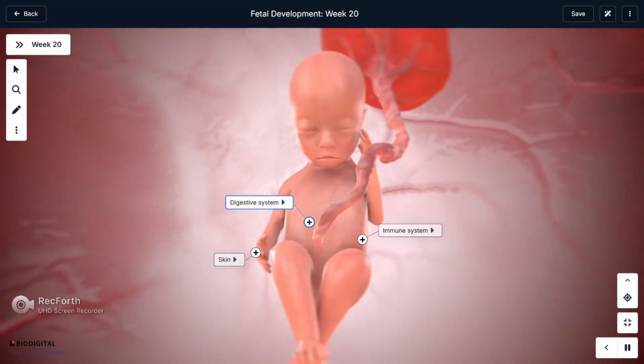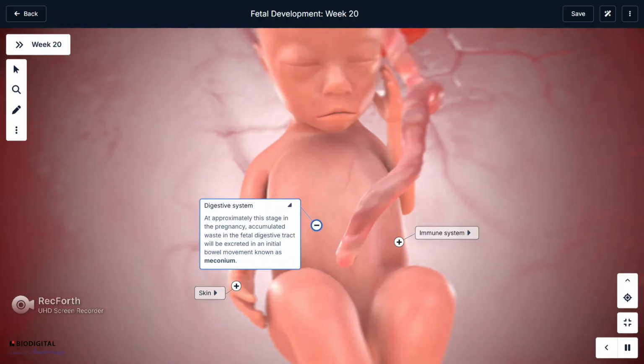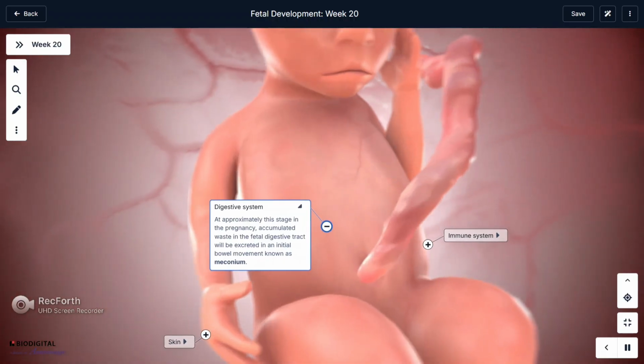At week 20 of its development, at approximately this stage in the pregnancy, accumulated waste in the fetal digestive tract will be excreted in an initial bowel movement known as meconium.